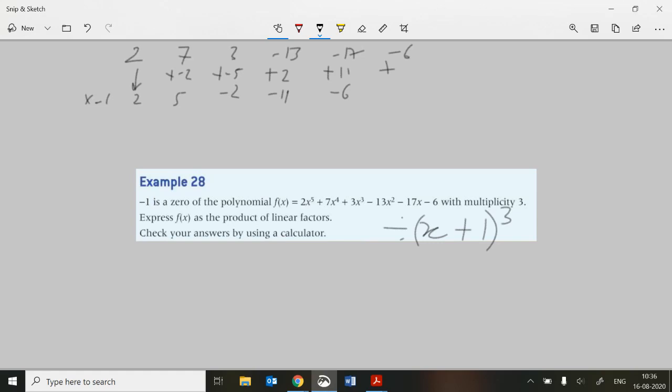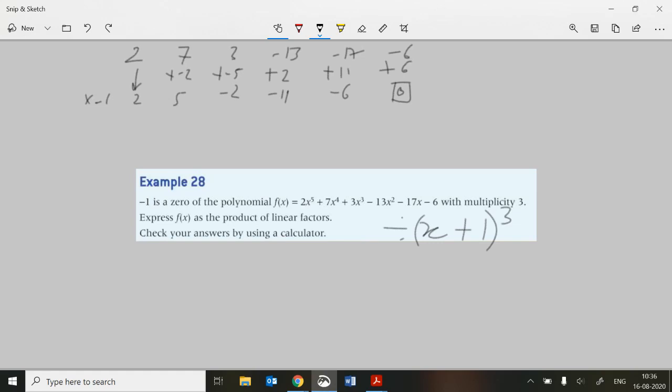And then -1 times by that gives us +6, and just what we were expecting. The check for us, given that we know that this is a factor, is 0. So there we go. That's the first time around when we take out this factor of x plus 1. And the quotient which is left is, in fact, 2x to the 4 plus 5x cubed, and so on.